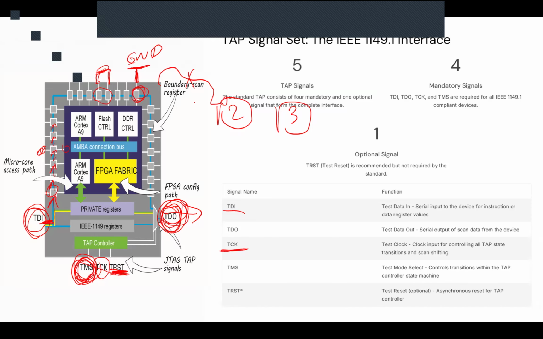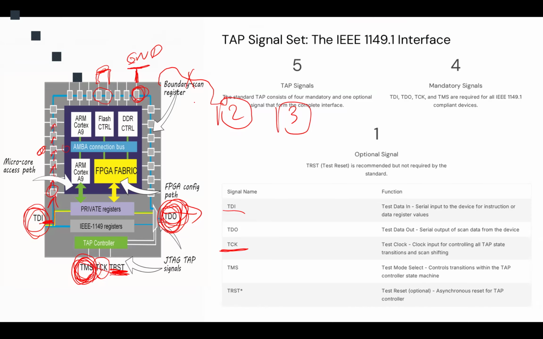But we have to realize that these modes that we talked about, the normal mode and the testing modes, we said that we have to control the system and we have to have a seamless transition between these modes.